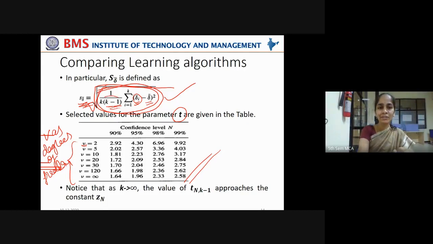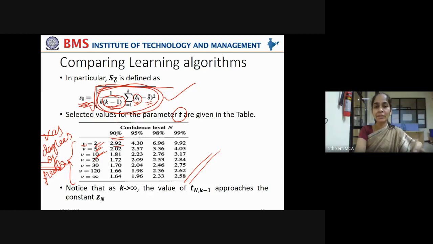In this case, we can distribute the error over k minus 1 partitions. In the same way, if you take v as degrees of freedom, if the degrees of freedom is 2, 5, or 10, for each confidence interval, what is the t value? I'll read this table, listen carefully.